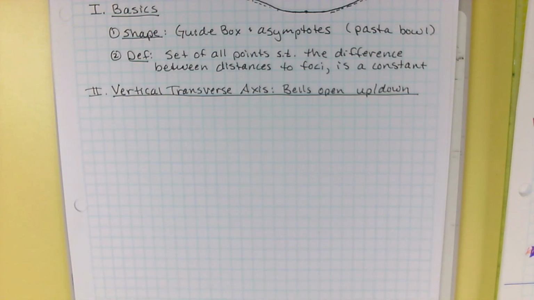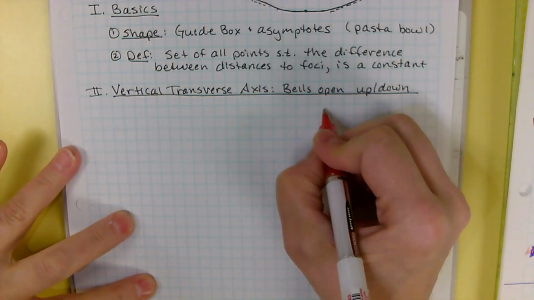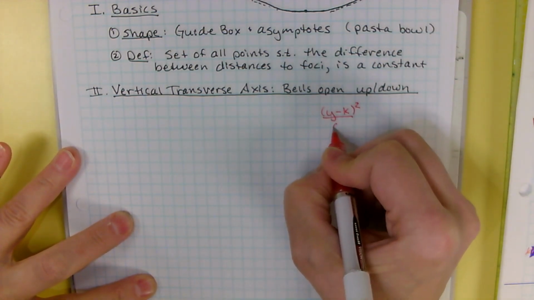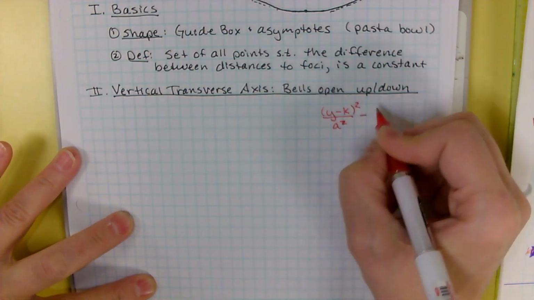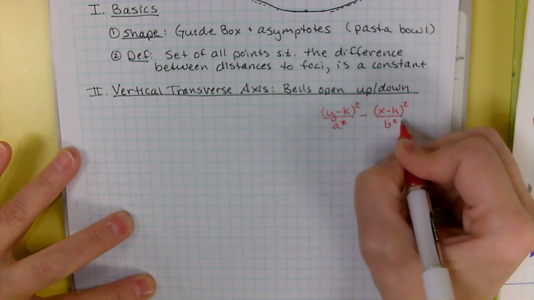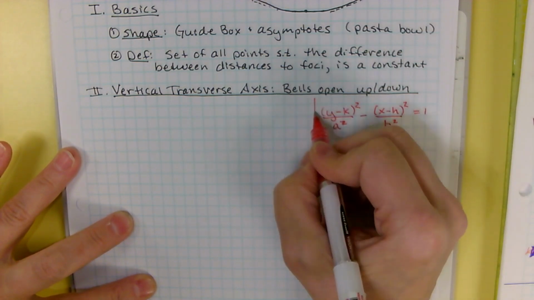All right, so the equation of a hyperbola with a vertical transverse axis is (y minus k) squared over a squared minus (x minus h) squared over b squared equals 1.